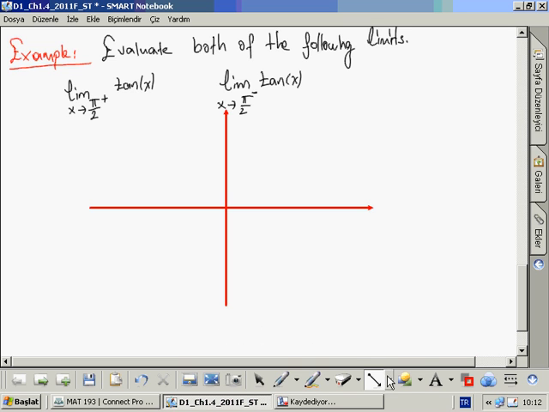Okay, and I'll sketch some vertical asymptotes.